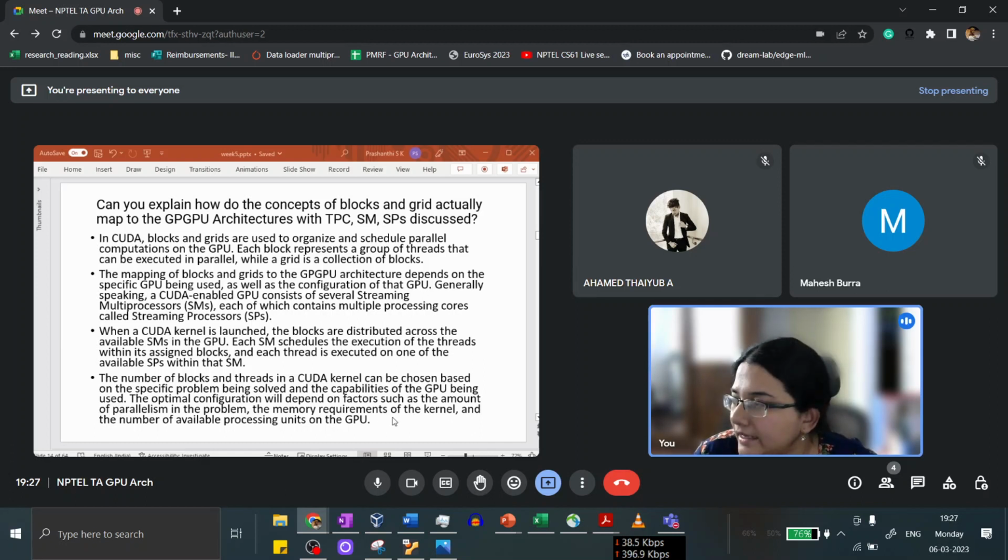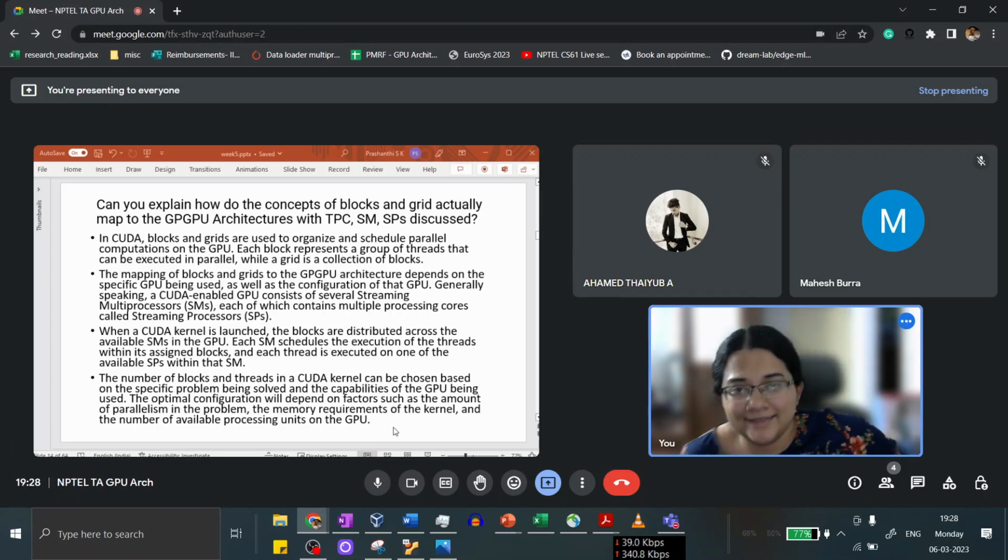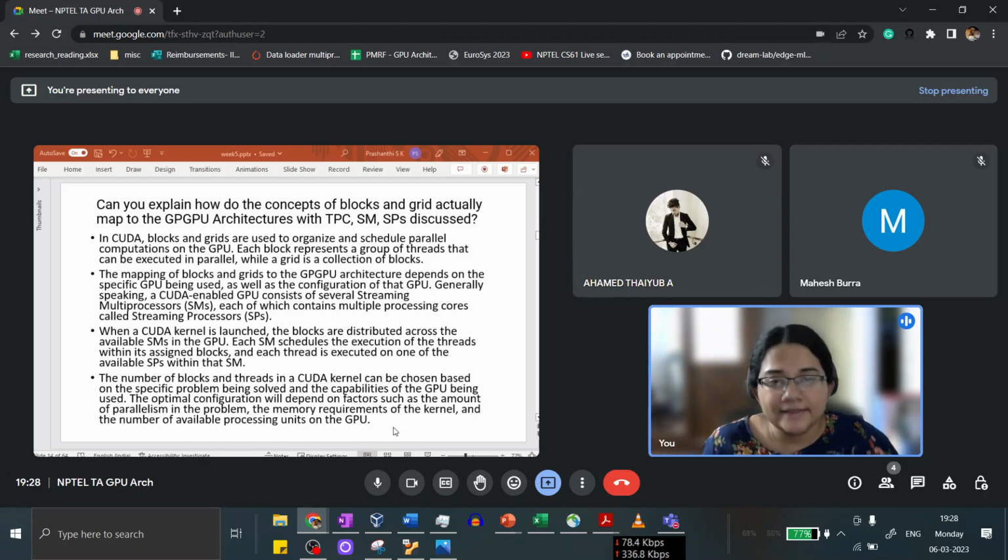So let's say you want to spin up 32 threads in a particular block, and this block goes to 1 SM. But the memory required for these 32 threads may not be available on that SM. And this memory is problem dependent again, right? If I do addition, that would be different from doing multiplication. So this memory requirement is problem dependent.